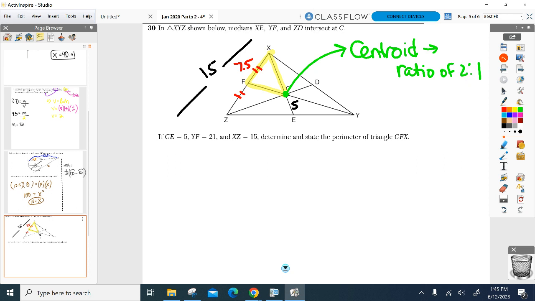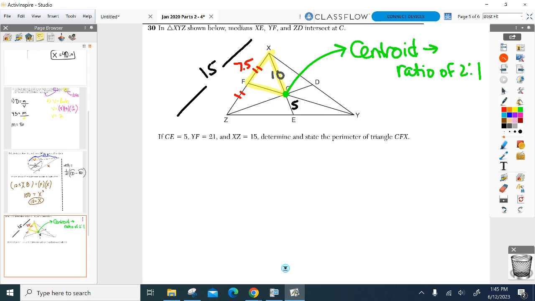Now, in simpler terms, one piece of the median is double the other. That's what 2 to 1 is. So everyone sees CE is 5. That's the one piece. The other piece is double that. So 10 for XC. And if YF, the whole median, is 21, what about the other two parts? Well, you can guess and check, right?